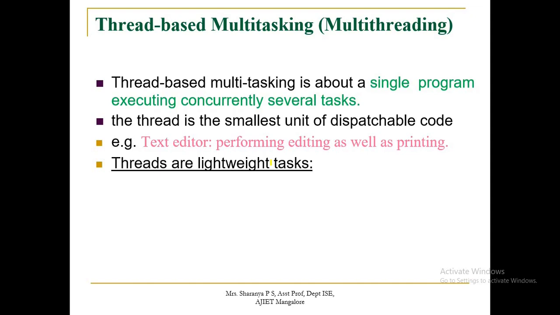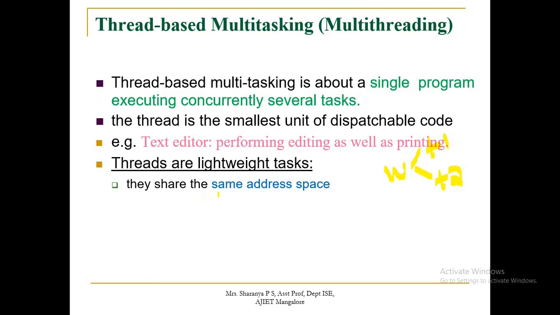How are the benefits, or why is it called lightweight? Because with the same Word document, I am working with two different tasks: typing as the first task and printing as the second task. These two tasks are currently running, but as part of this Word application, or this Word process itself.